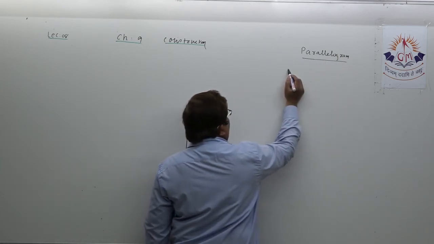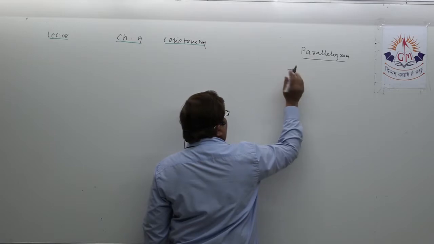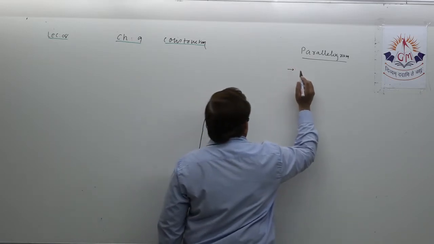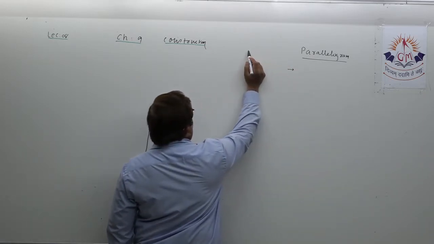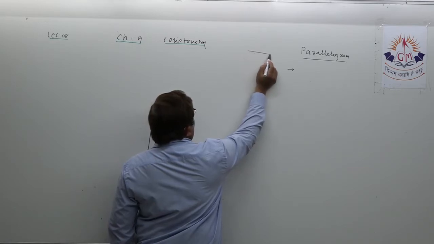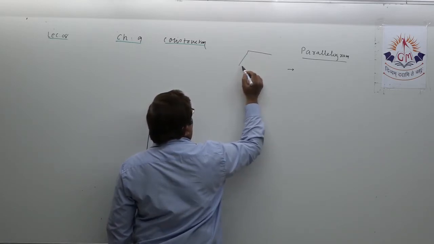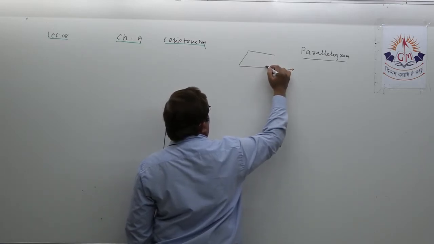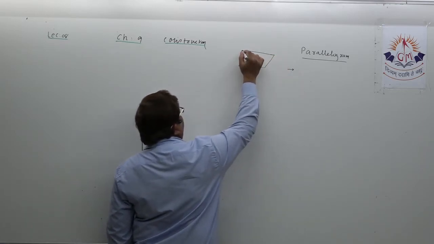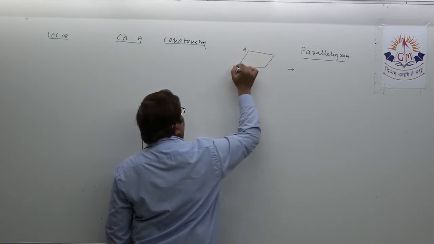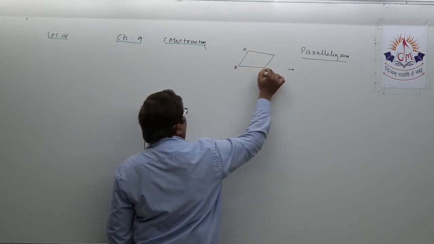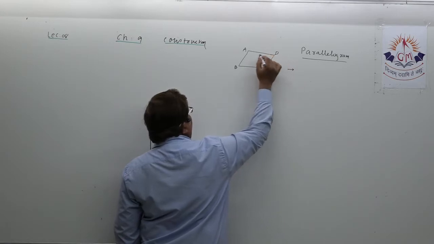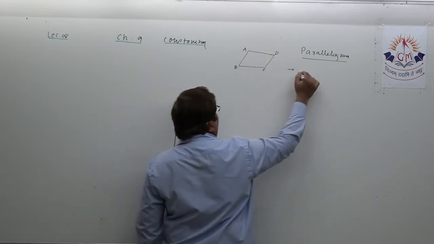First, as you all know, I will just draw a simple rough sketch, because this is in fact a topic of chapter number 7, understanding shapes. Suppose I have drawn a simple parallelogram ABCD. The first property you must be knowing.